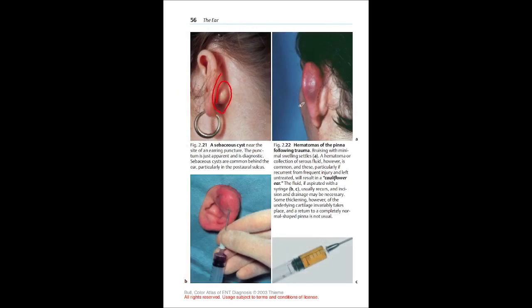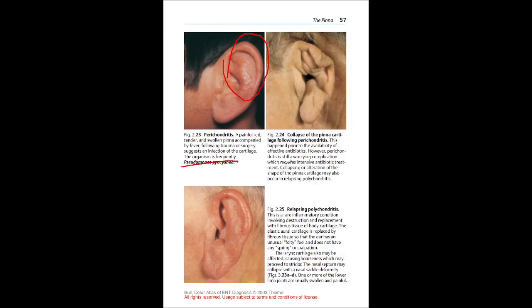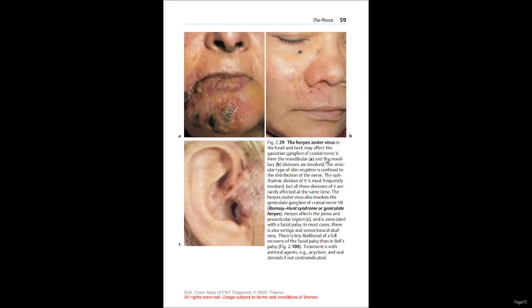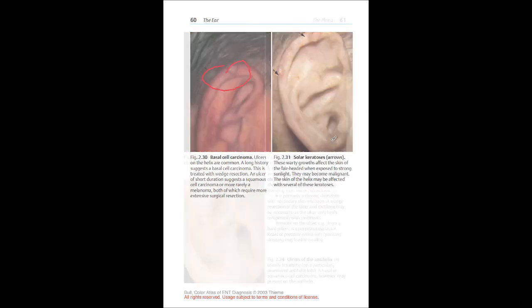This is a cyst due to trauma. This is cartilage inflammation due to the pseudomonas. Okay, not important. This is due to the herpes zoster. This is basal cell carcinoma.